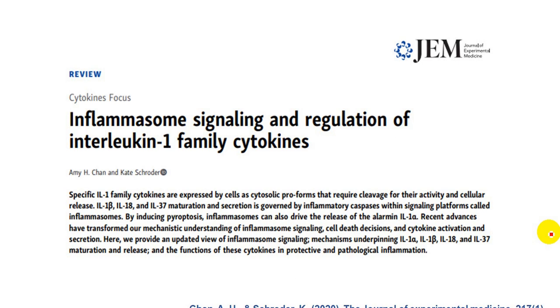So this paper discusses specific interleukin 1 family of cytokines that are expressed by cells as cytosolic proforms, and these inflammasomes are regulated by interleukin 1 family of cytokines.